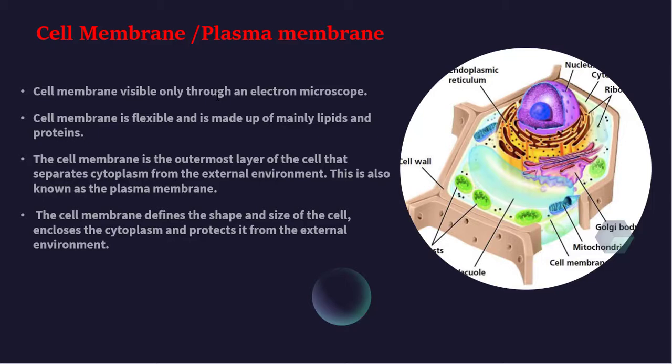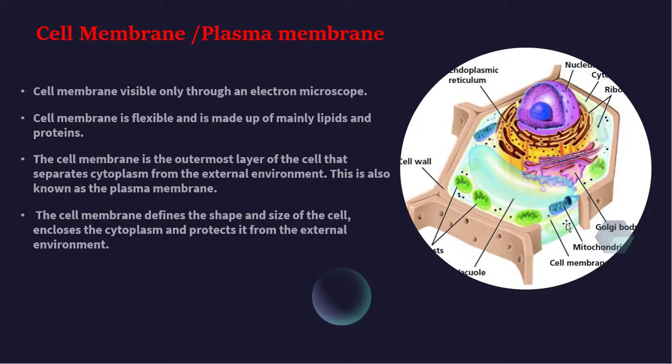Cell membrane is flexible. That means it can bend at any side, and it is made up mainly of lipids and proteins. Cell membrane is the outermost layer of the cell that separates the cytoplasm.